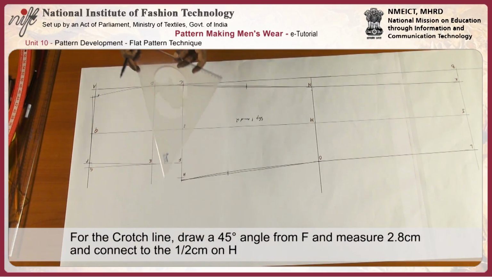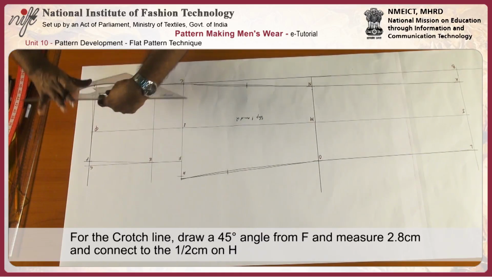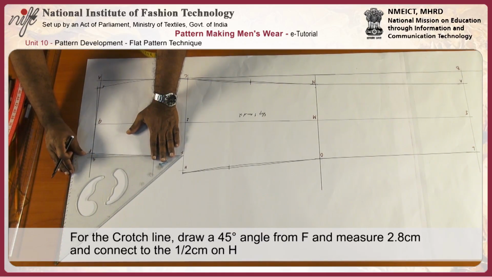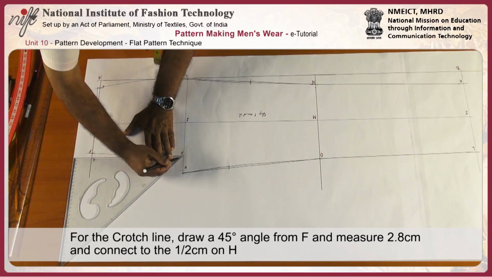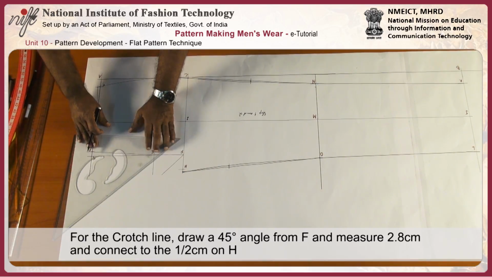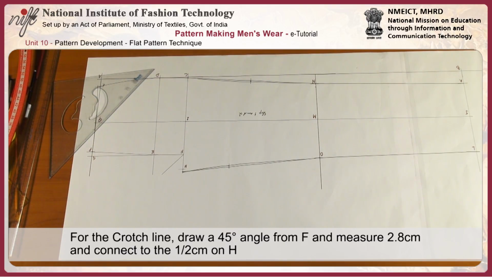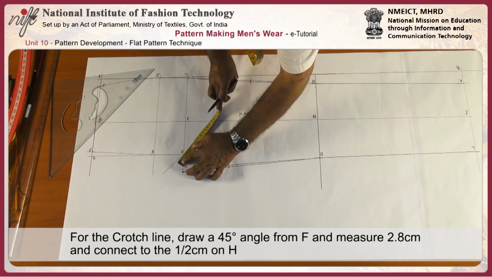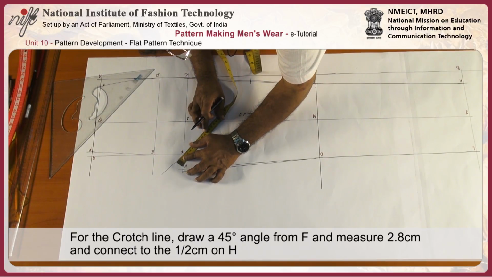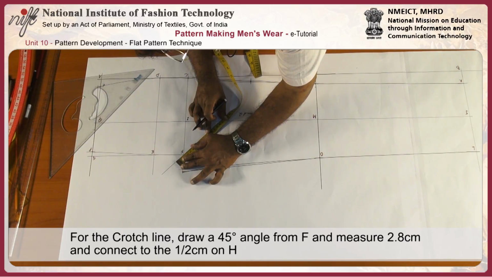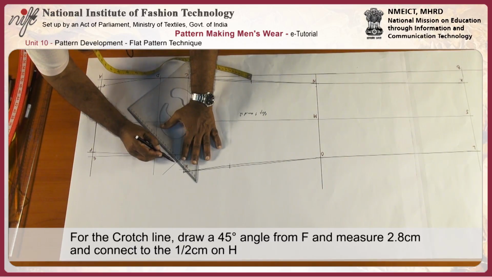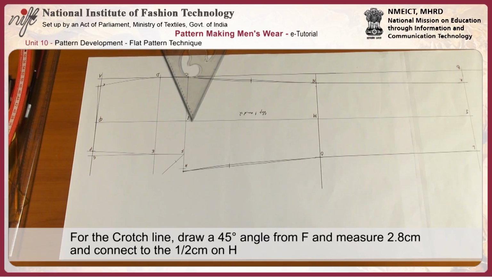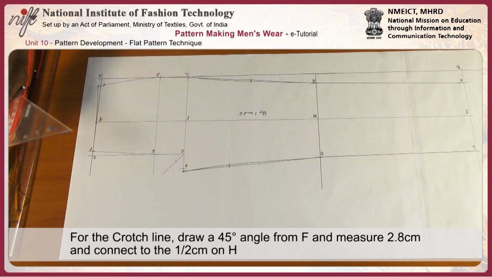Getting into the crotch line, draw a 45-degree angle from point F and measure 2.8 centimeter. Then connect to the half centimeter mark through point H.